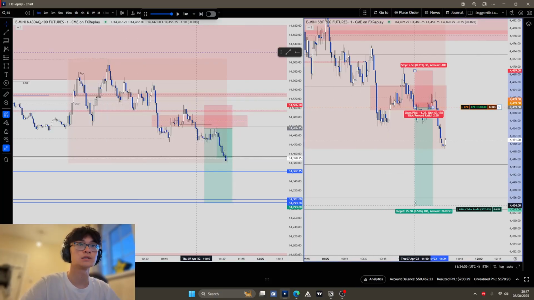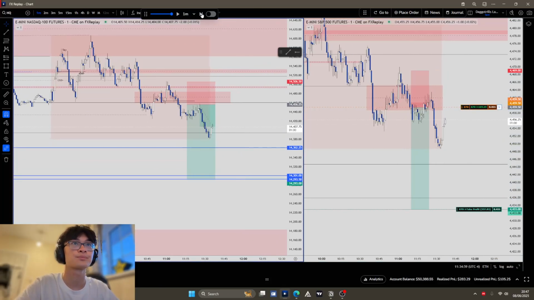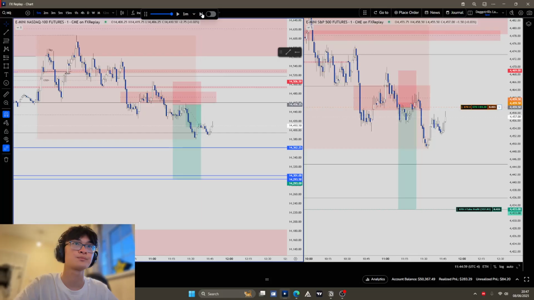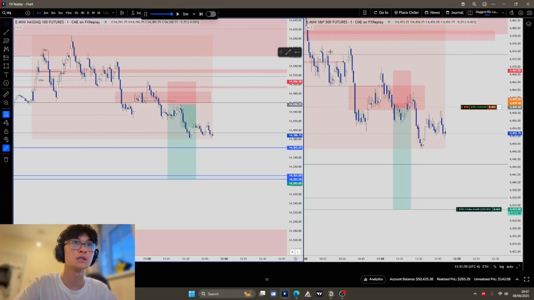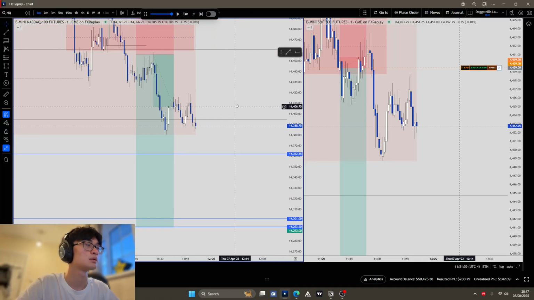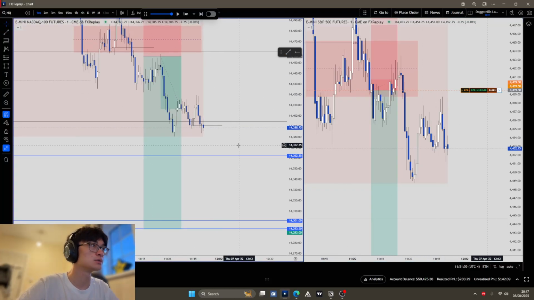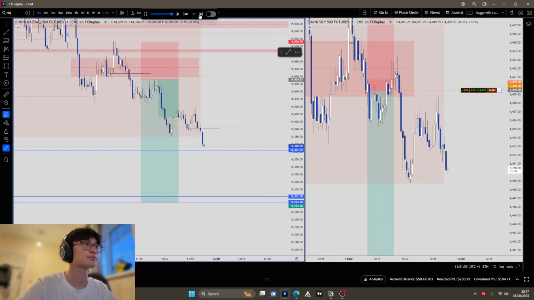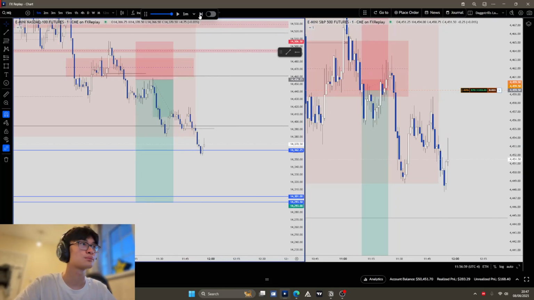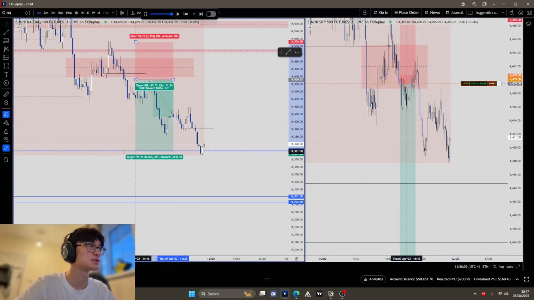What hour is that now? 1 to 1. Could very well be a break-even trade. We've got an internal model on NQ. Oh, this would already be at least a partial. Okay, never mind.